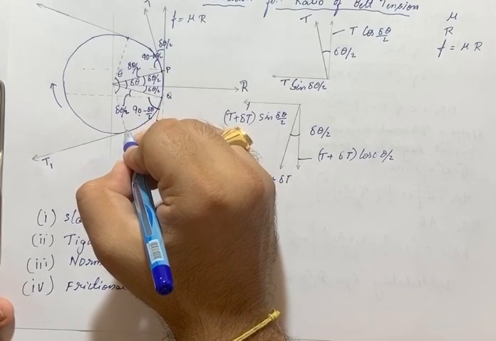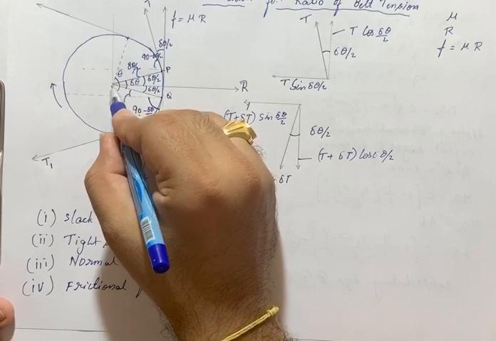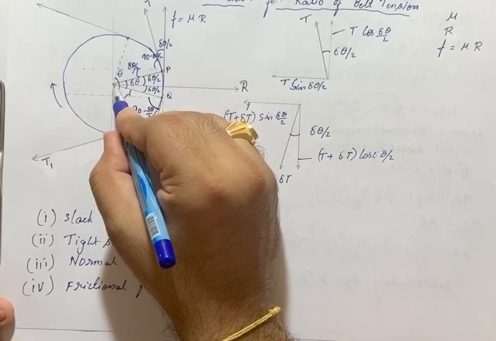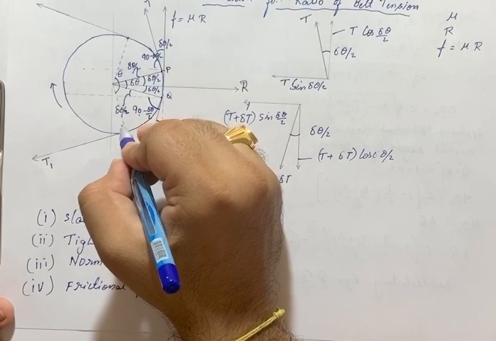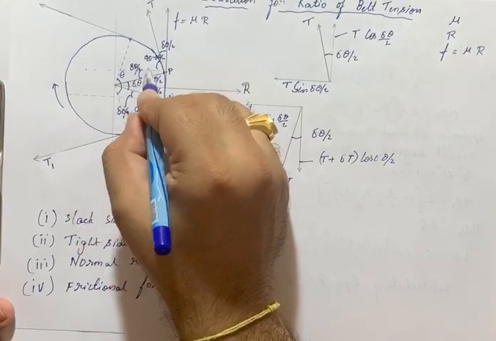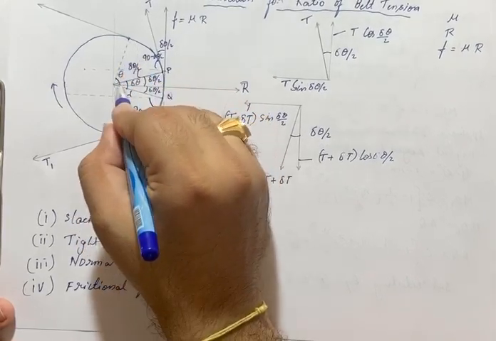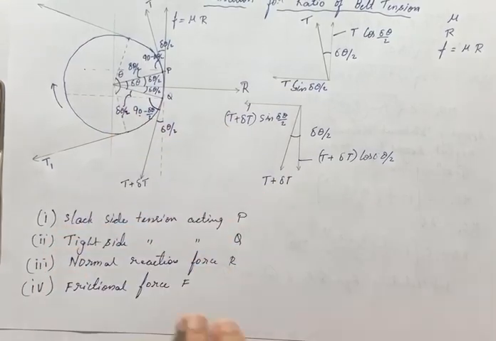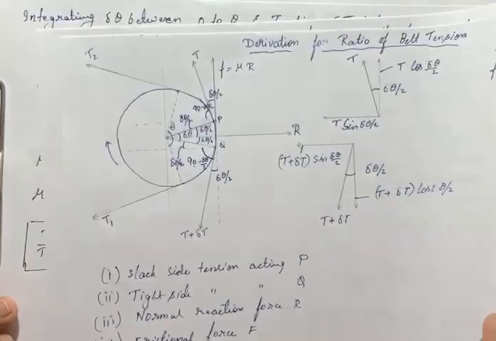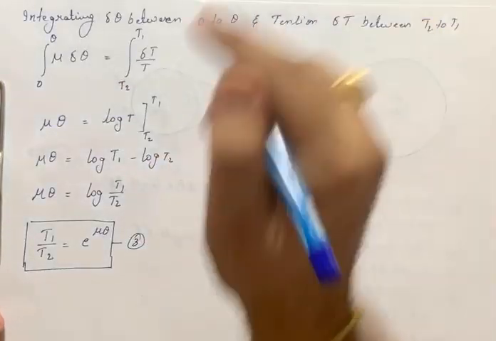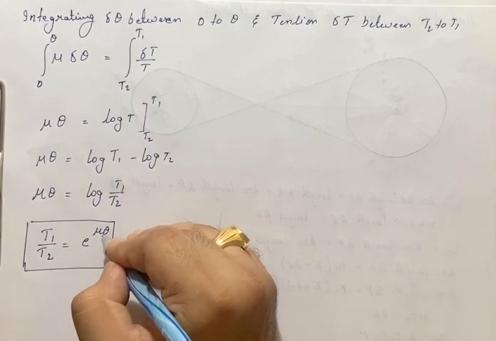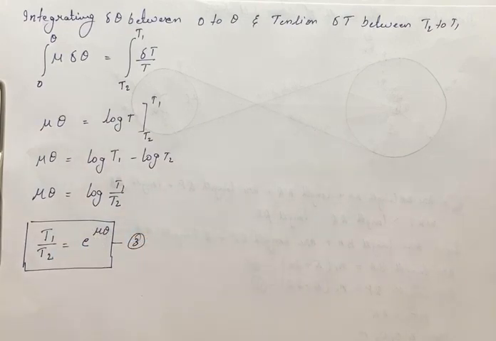So the ratio of belt tensions is T1 by T2 equals e power mu theta.